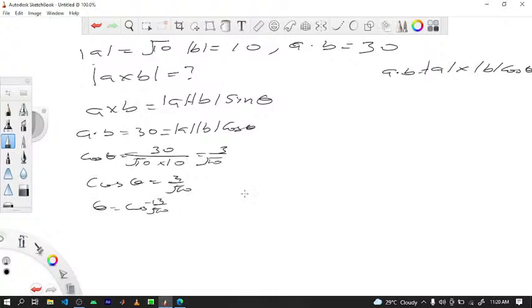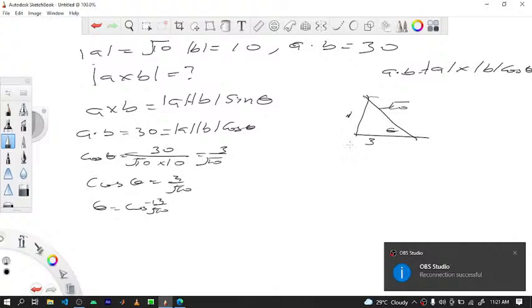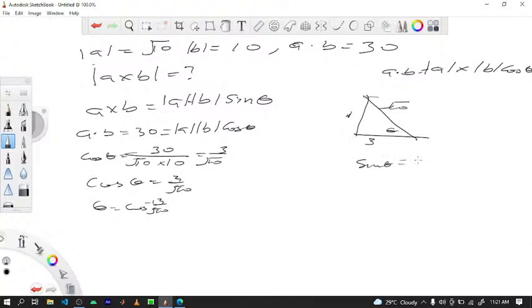Just find that using your calculator, and then you are good to go. Find sine of that. Okay, so sine theta is going to be opposite over hypotenuse, which is 1 over root 10. So we know sine theta as what? 1 over root 10.